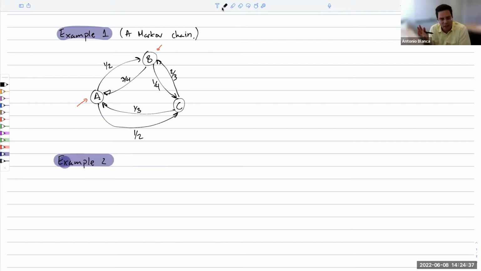Now these are random walks on an undirected graph. This is probably something that you may have seen also. So we have a finite undirected graph.